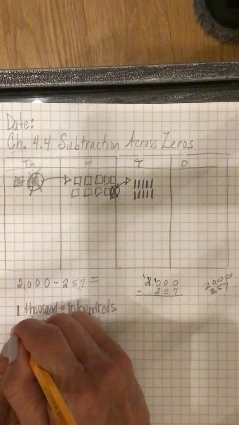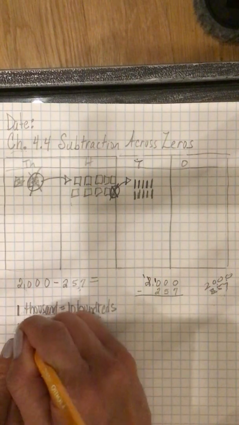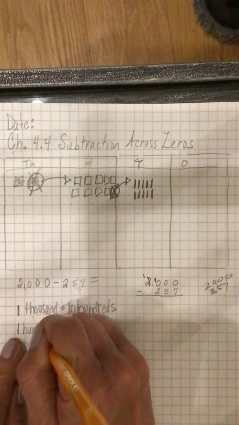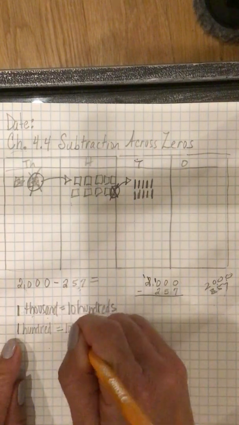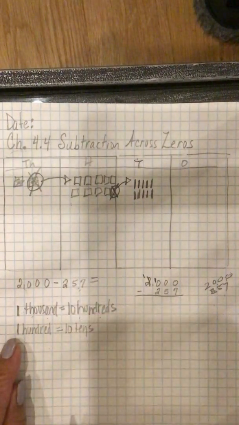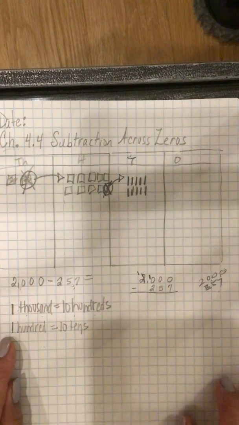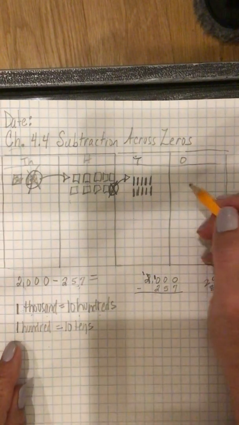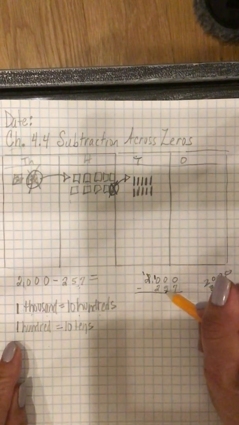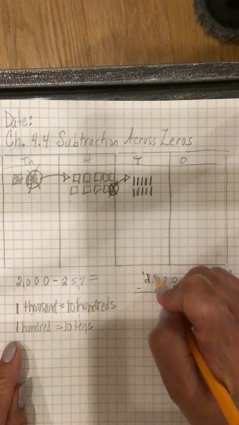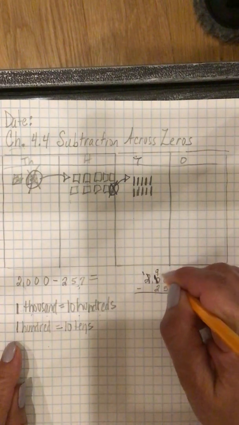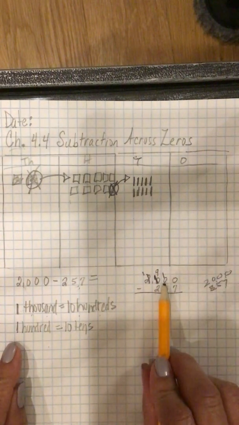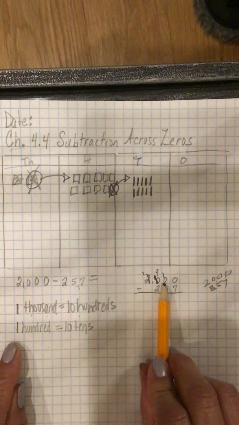So the precise vocabulary of what we just did was 100 is equal to 10 tens. Now we will look at our number to see what we just did. We regrouped our hundreds to make 10 tens.